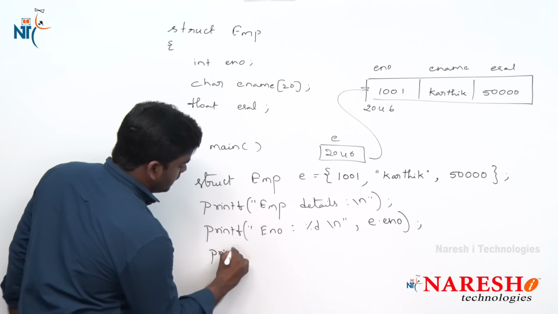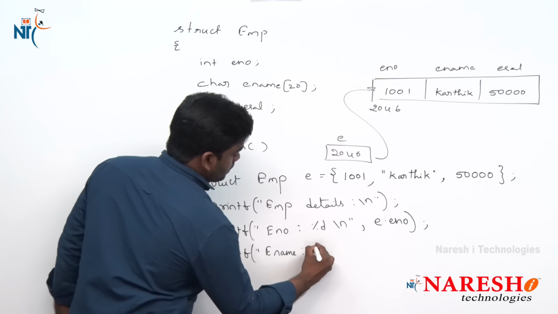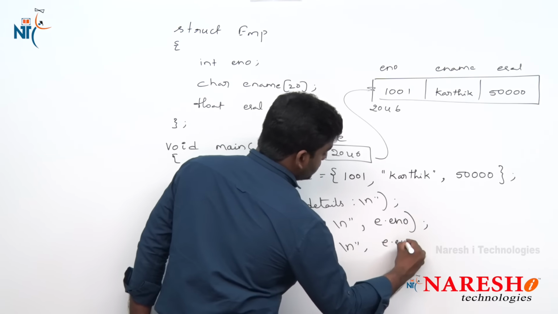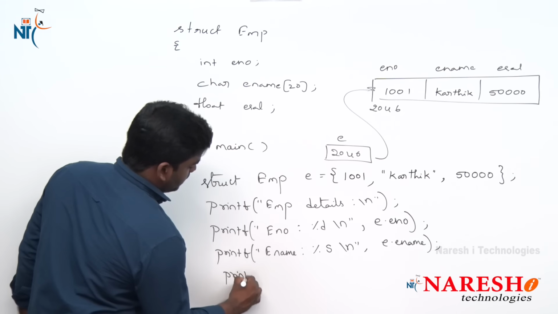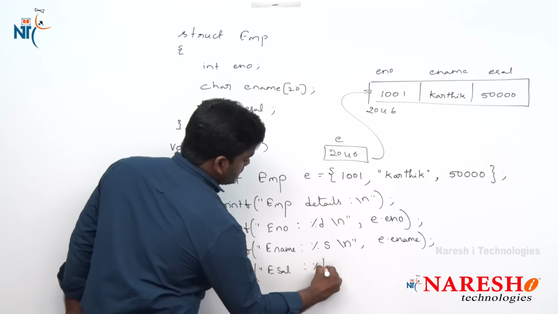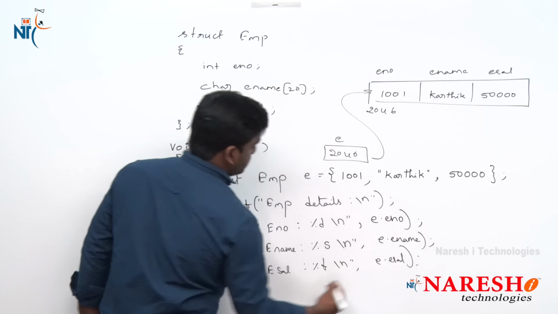Next one printf employee name, percentage s, as it's a string, e dot employee name, and next one printf employee salary is percentage f, e dot employee salary.